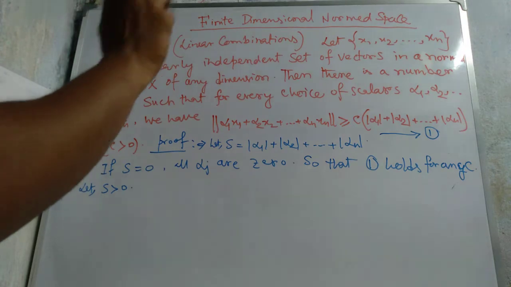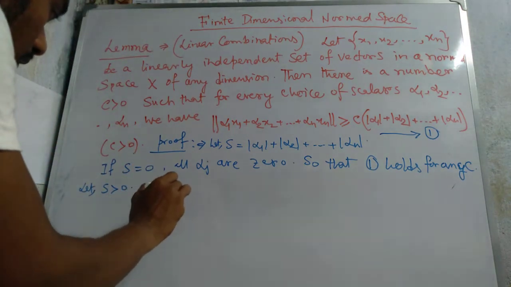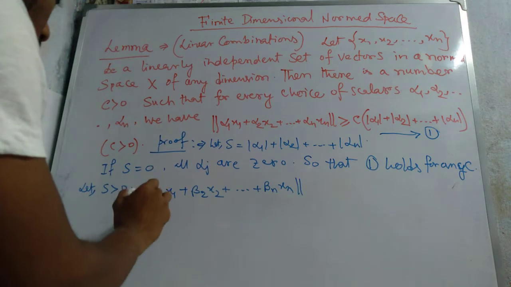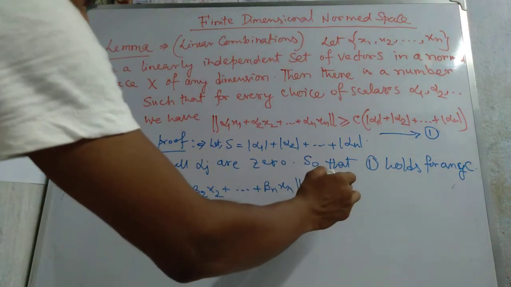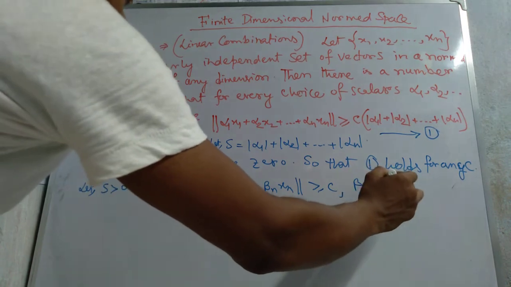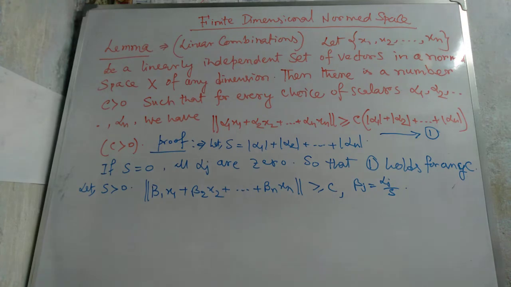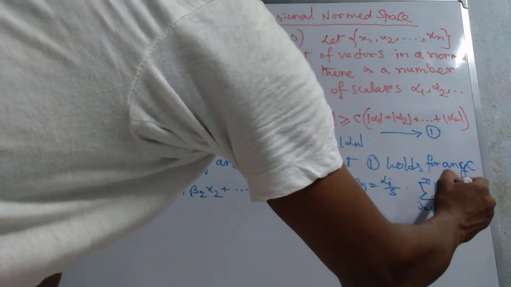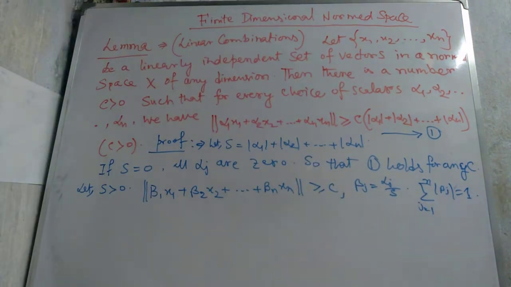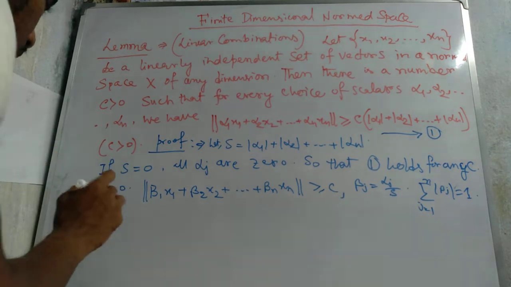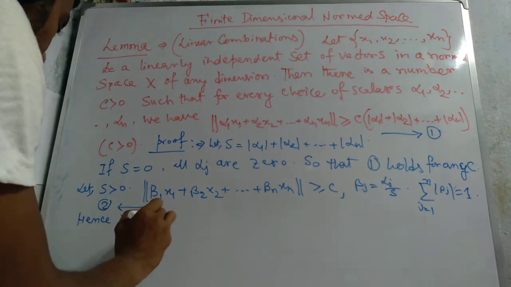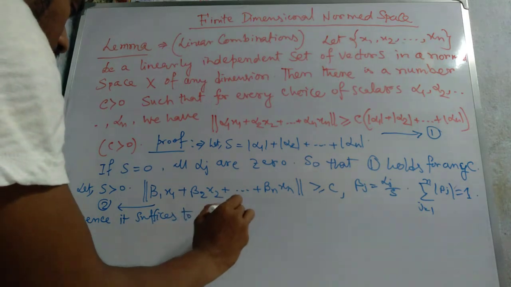So, dividing by s, the norm of beta 1 x1 + beta 2 x2 + ... + beta n xn is greater than or equal to c, for beta j equal to alpha j by s, and obviously the summation of the moduli of beta j, j equal to 1 to n, equals 1. Now, it suffices to prove this one, which we marked as 2.